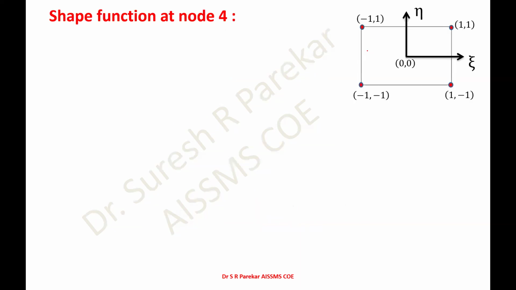And then we have last, N4. When we go for N4, this will be node 3 for zeta, and for eta we have node 1. So we have zeta minus zeta 3 and eta minus eta 1.